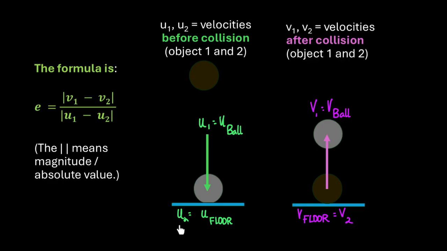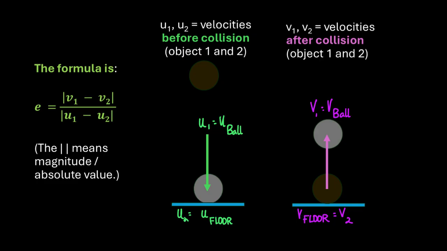And u2 is the initial velocity of the second object. The second object here is the floor. v1 is the final velocity of the ball after collision. So the ball leaves the floor, and just after leaving the floor, the velocity of the ball is v1, which is after collision. And what is v2? v2 is the velocity of the floor after the process of collision.